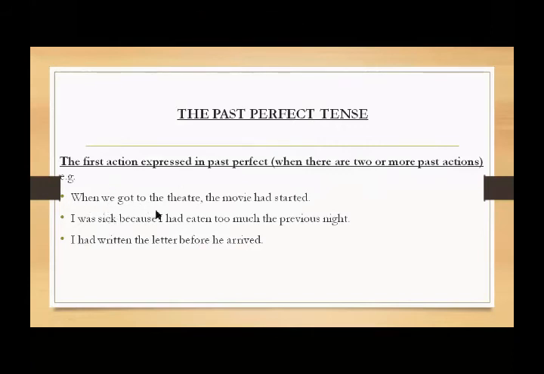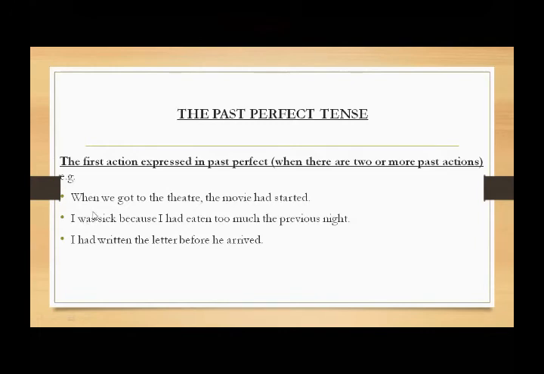When we got to the theater, the movie had started. So two actions took place. One was got to the theater, the other was movie had started. So what was the first action? It was movie had started. So we have to write the first action in past perfect tense.